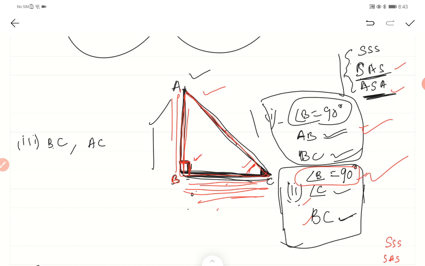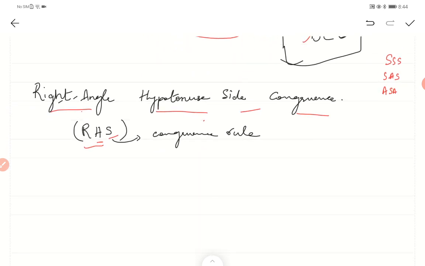Now the next rule you can use to find the congruency of this triangle: you already know angle B, and if you know the hypotenuse of this triangle and the side BC, then you can draw another congruent triangle. Let's see one example for right angle hypotenuse side congruency.